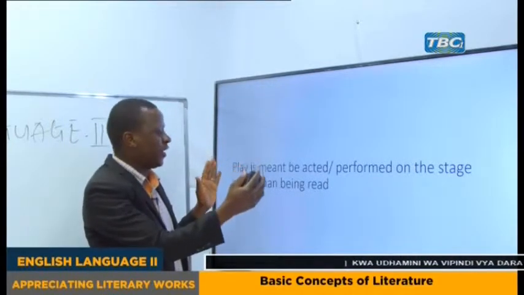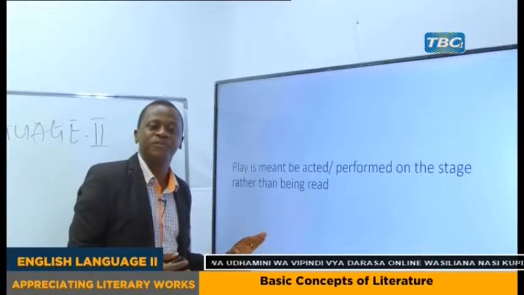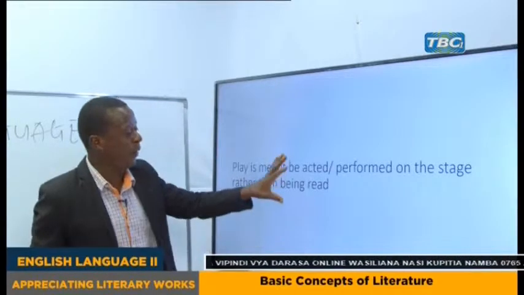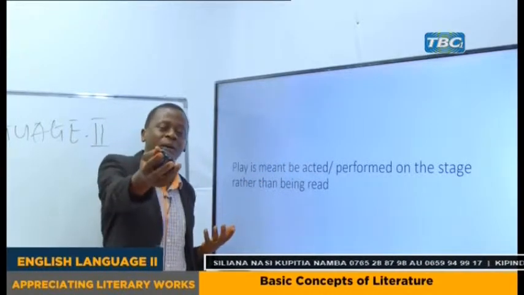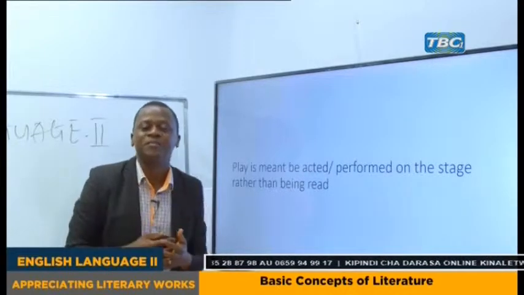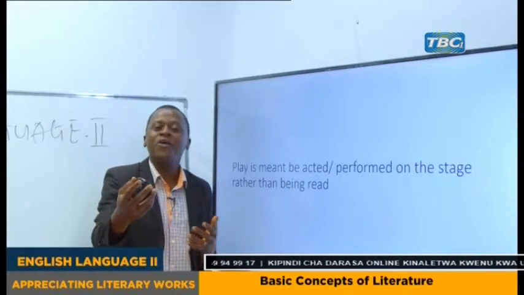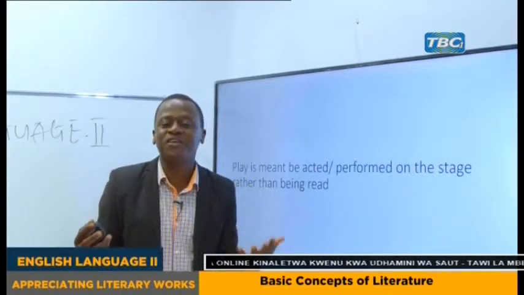Now, given the fact that a play is in the form of dialogue or conversation, it's easy for such a play to be acted on the stage. You can even act a play as many times as you want in your class. The same thing, you can act a play titled Between the City.